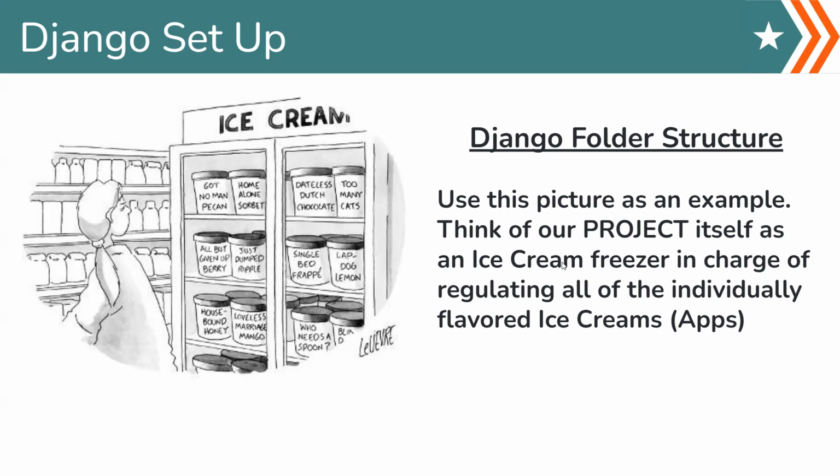Each container has its own type of flavor. So we can have one project, which is the entire ice cream refrigerator, but we can have multiple applications within this project. So the ice cream refrigerator here in this scenario is our overall top level project. Applications themselves are our ice cream containers. Right, these are our flavored ice creams, our applications.